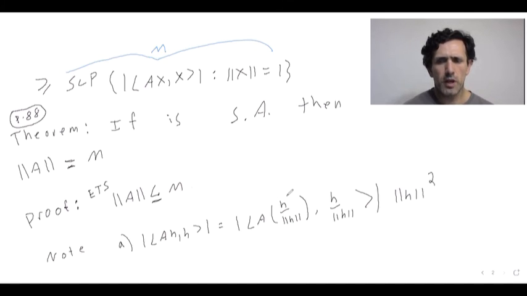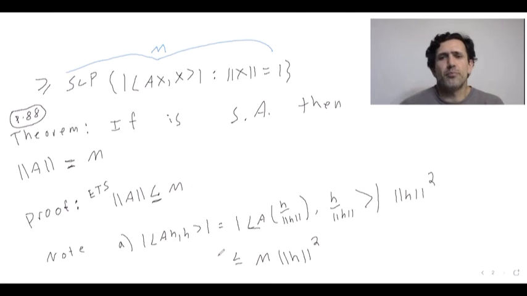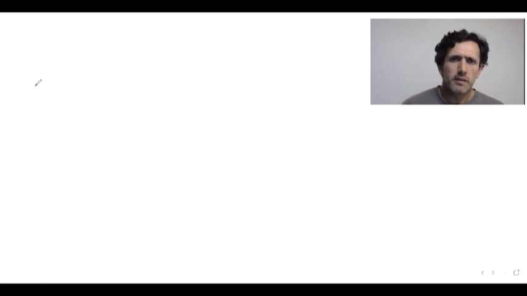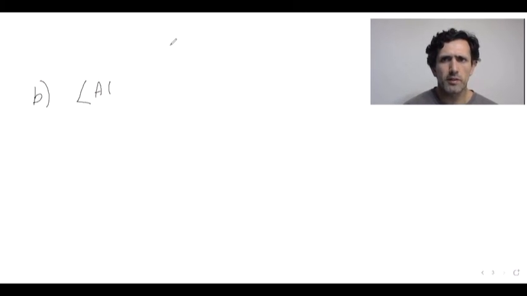Of course, M is a supremum of the inner product of AX with X over all X with norm 1. So in particular, this is less than or equal to M times the norm of H squared. And of course, this is true when H is 0, because everything is 0. And B, what the book calls C, is the following, which is really the crux of the proof.